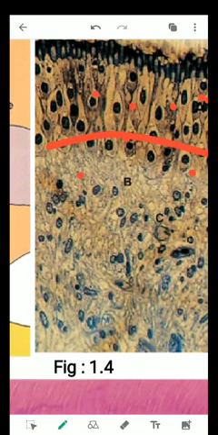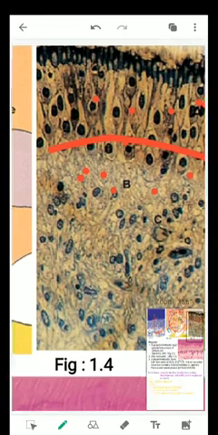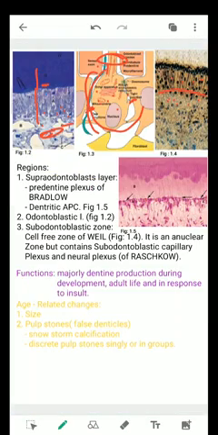You can see where we have B, how it looks a little bit whitish. It is anuclear but contains some things. It is the cell-free zone of Weil, W-E-I-L, and it contains your subodontoblastic capillary plexus and, of course, your plexus of Raschkow.